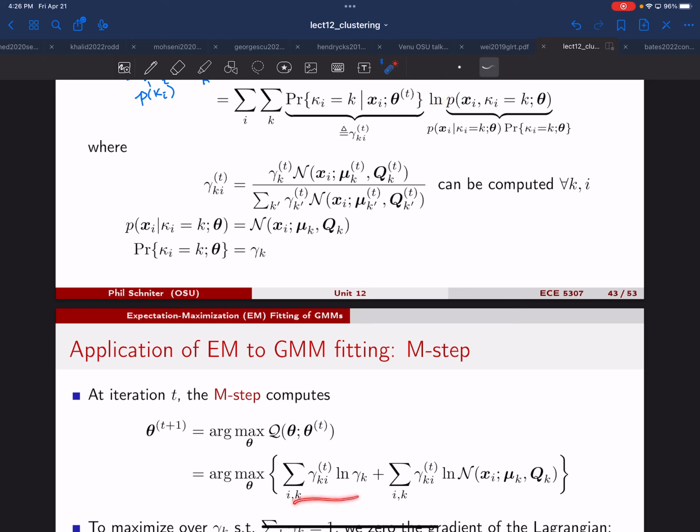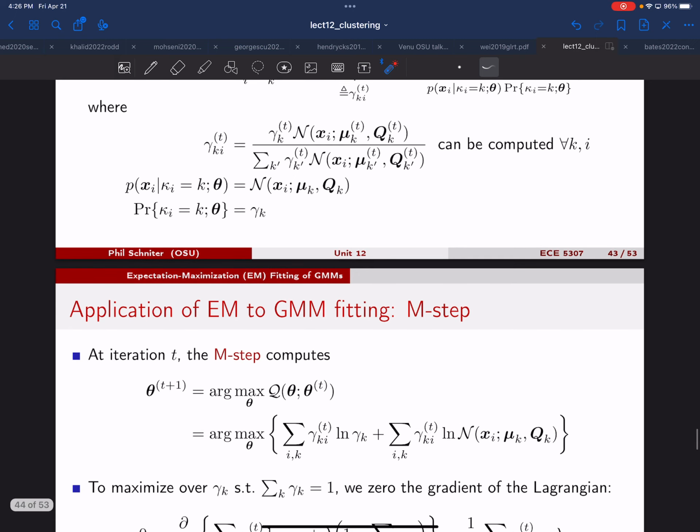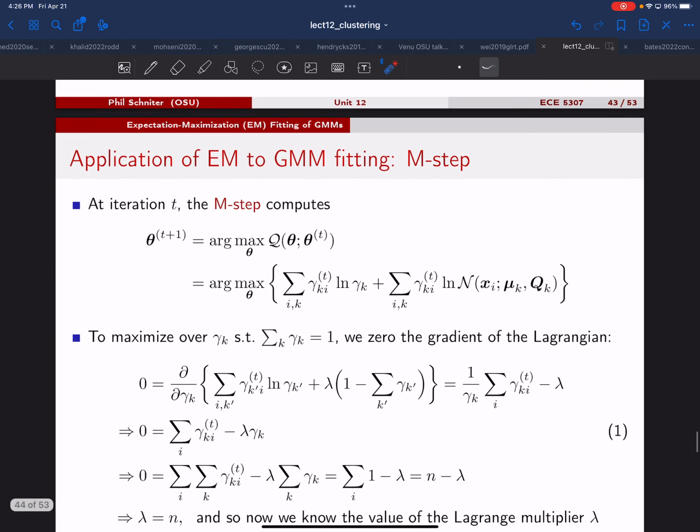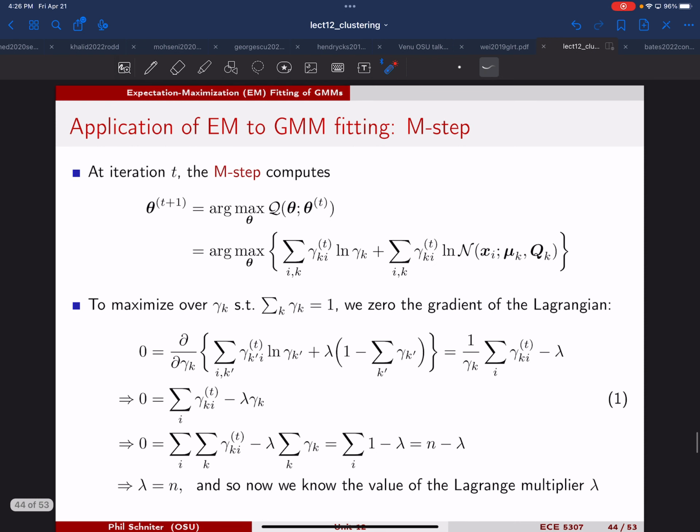That's how we got two terms. So here log of the second is this term, log of lambda k, and then log of the first, that's log of the Gaussian, that's this term. And so we need to maximize this expression over all the unknowns.